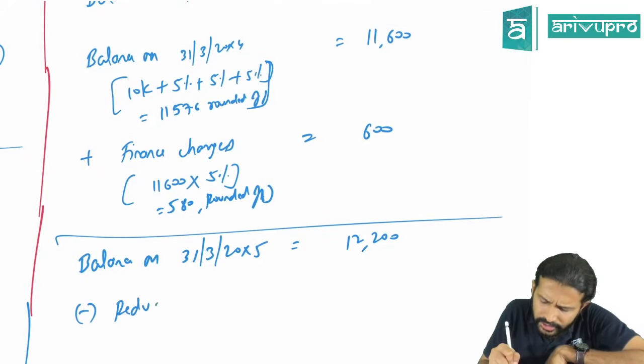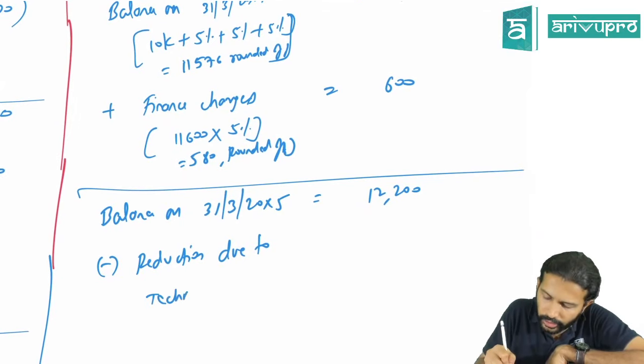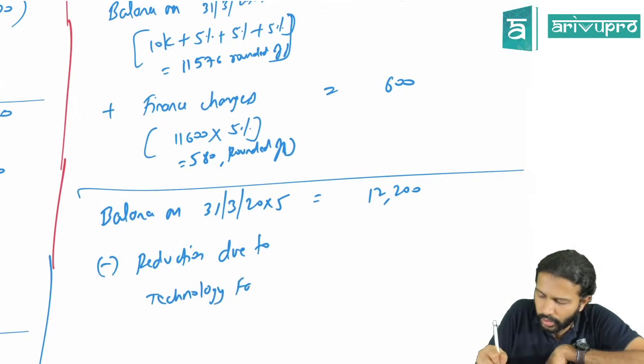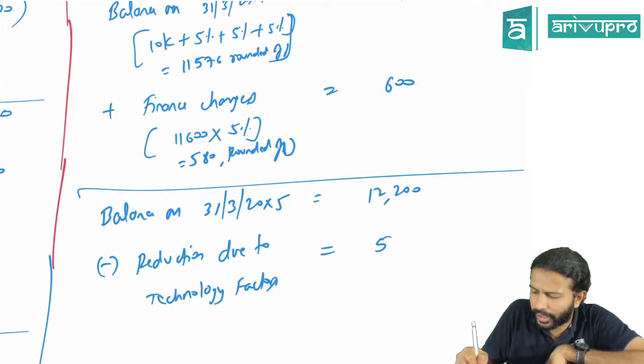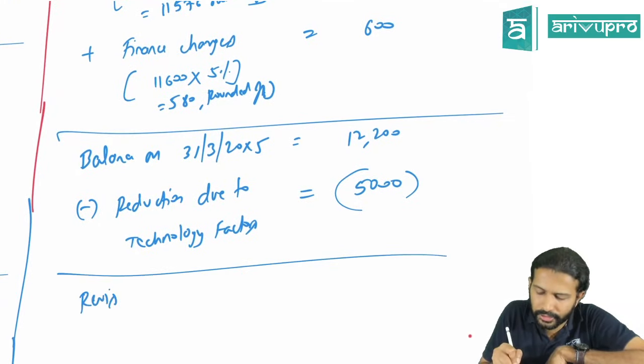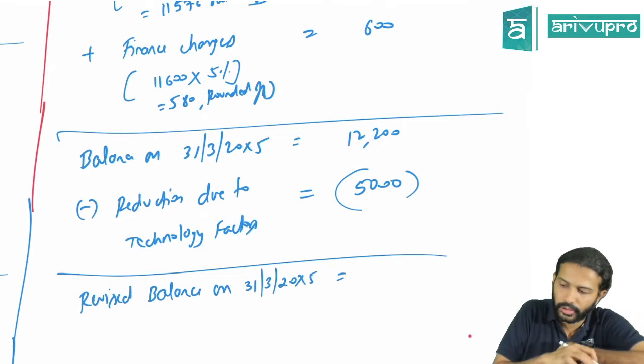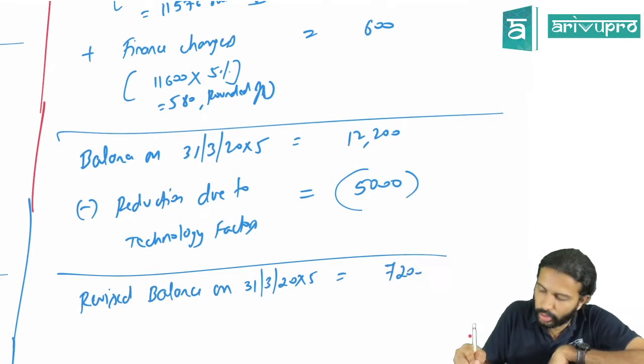Less reduction due to technology factors. Due to technology factors, this one of our liability has reduced by how much? 5,000 rupees. That means the revised balance of provision for DSR on 31st March 20x5 will be how much? That will be 7,200 rupees.